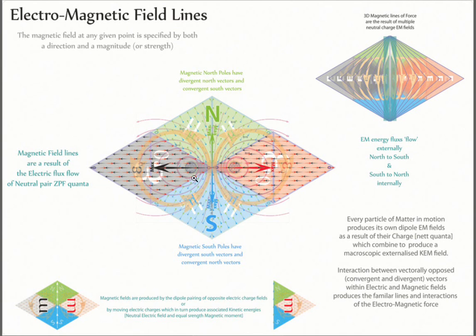Even bar magnets that are normally considered to be magnetic fields only are in fact electromagnetic fields, and particularly they are the result of magnetostatic fields, where we have opposing positive and negative fields creating an enhanced magnetic dipole.